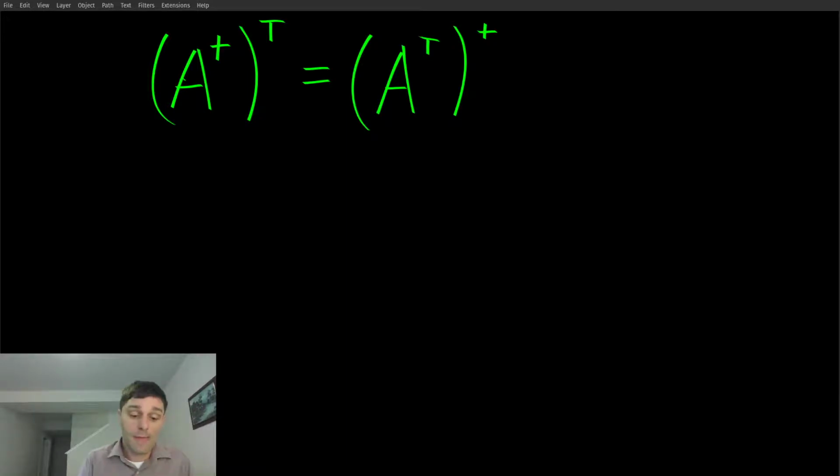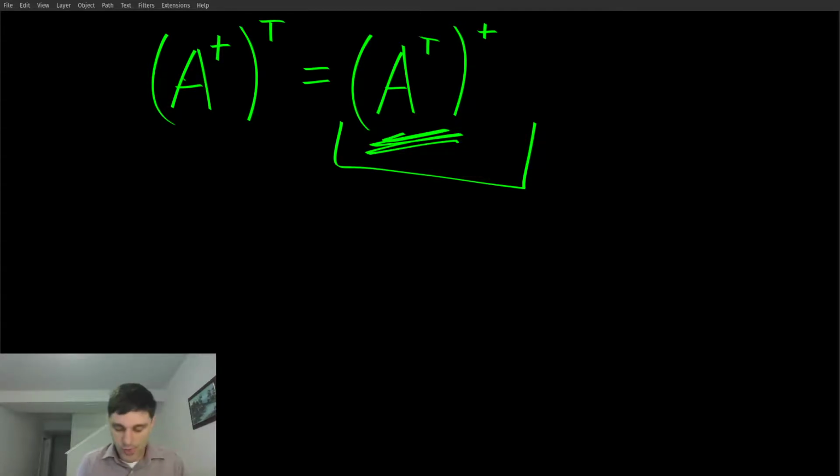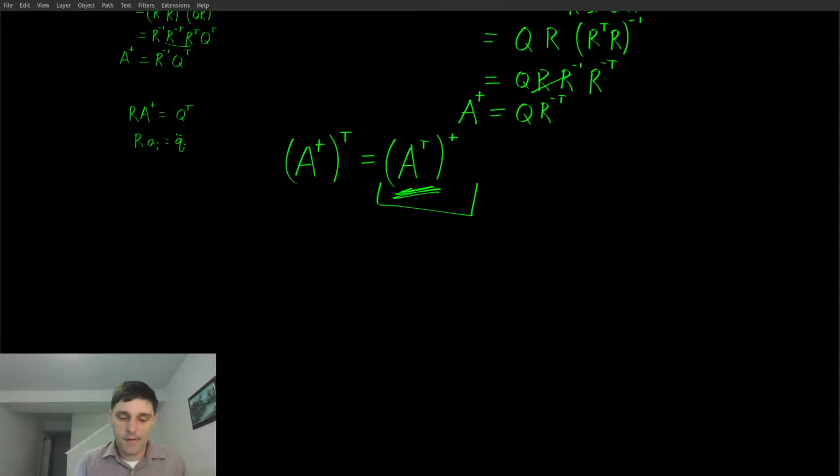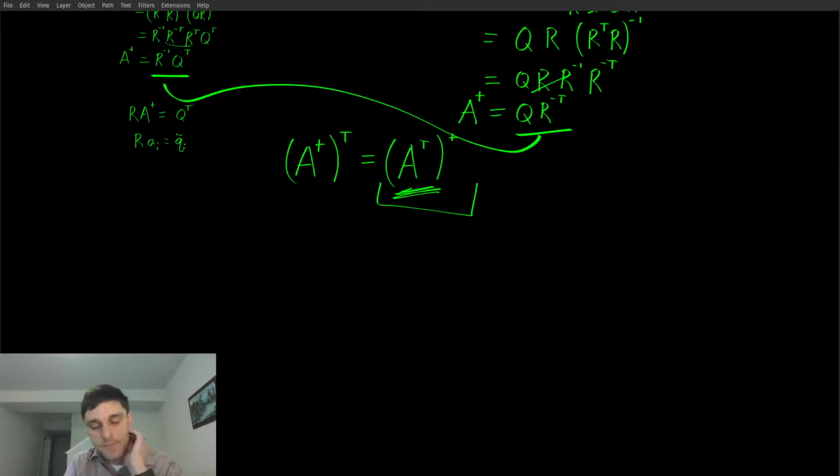But what that means is that we can do the pseudo inverse of the long skinny A transpose, and then just transpose it, right? So this is the transpose of this over here. So that's nice. We don't have to calculate it separately. We can take the transpose of it, and it will be fine.